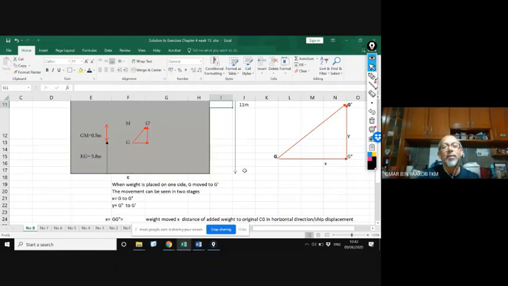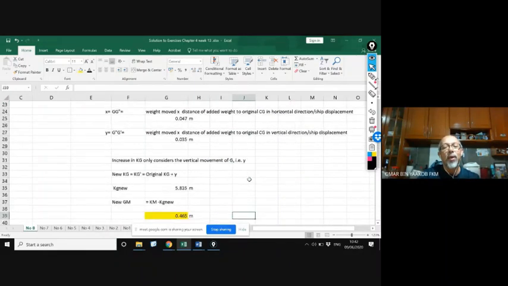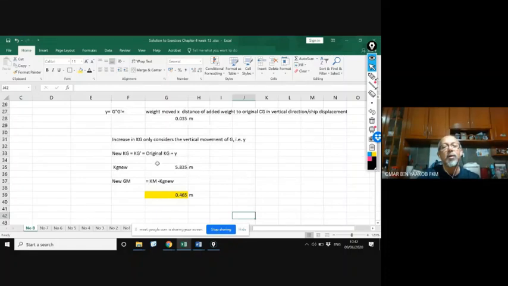In this case, it is the Y. So Y we have calculated just now to be 0.035. So KG new is original KG 5.8 plus 0.035. Therefore, the new GM is KM minus KG, which gives 0.465. So that is number 8.